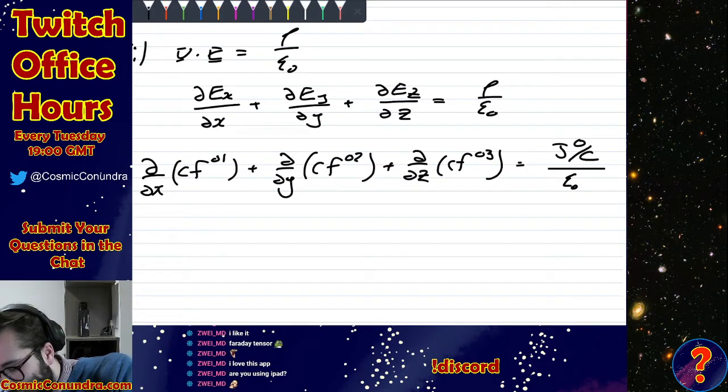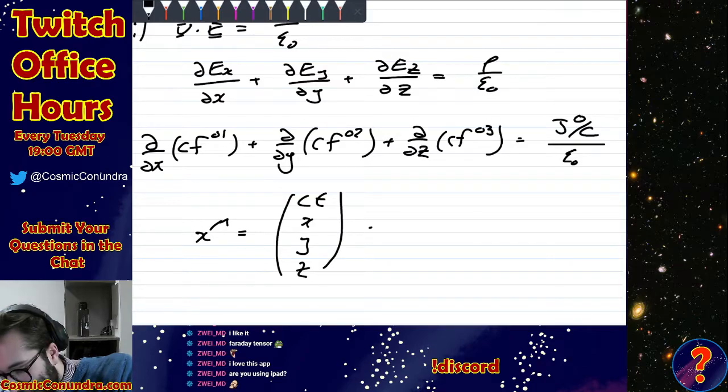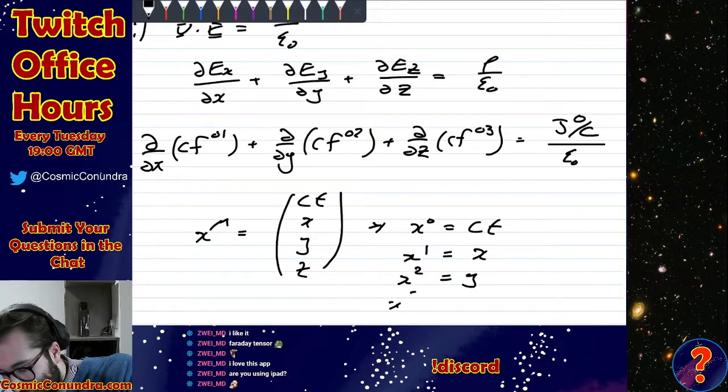So I'm also going to rewrite my derivatives a little bit. Remember we defined the vector in this way, such that in this notation, x0 is equal to ct, x1 is equal to x, x2 is equal to y, and x3 is equal to z.